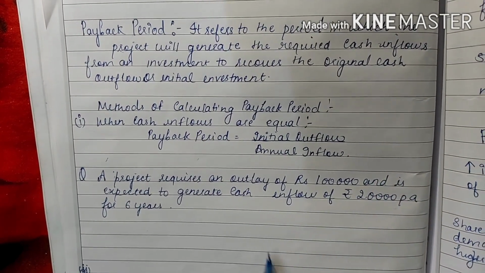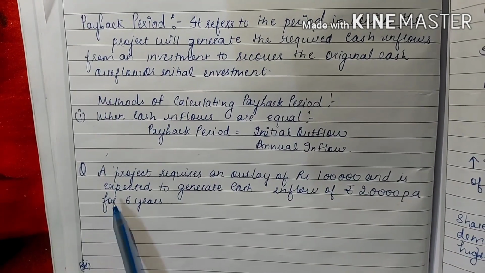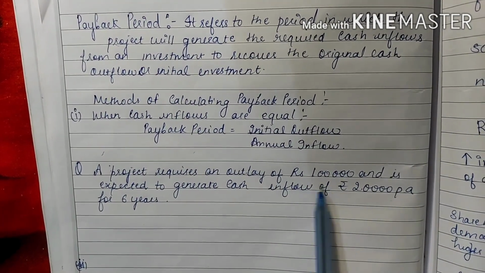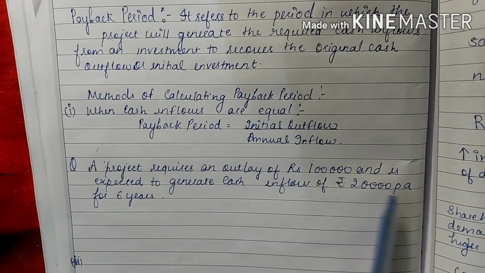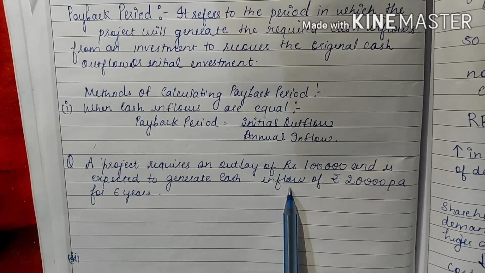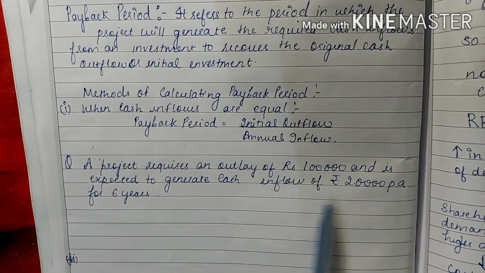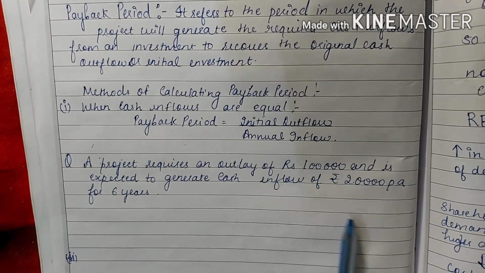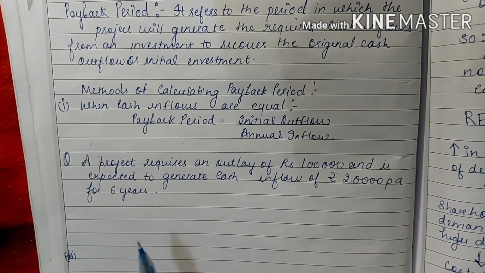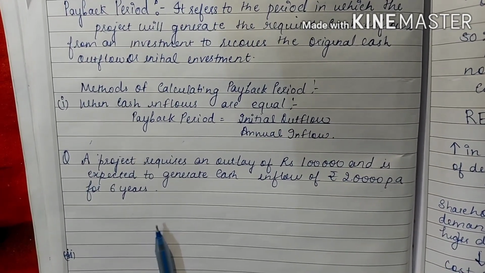Let's understand it with the help of an example. A project requires an outlay of rupees 1 lakh. This is your initial investment that the firm has made and is expected to generate cash inflows of rupees 20,000 per annum for 6 years. It means that the firm is receiving rupees 20,000 per annum for the 6 years. So the cash inflows are equal.